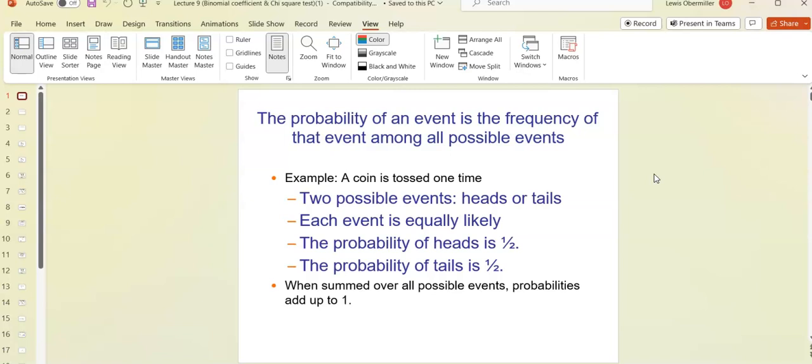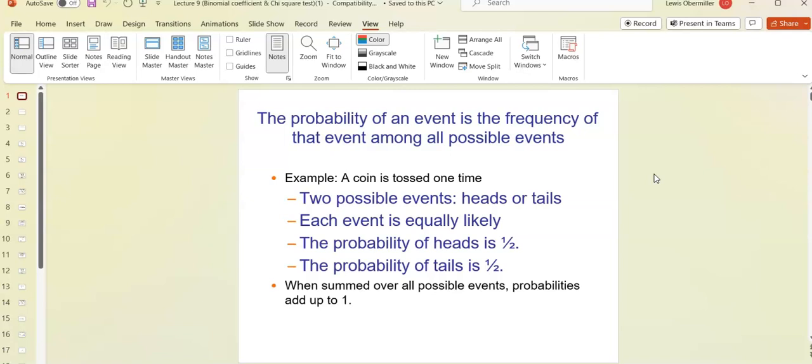So let's say you had 10 girls. What's the chance your next kid is going to be a girl? 50-50. Or a boy? 50-50. It does not matter what happens before. So every event is equally likely as long as they're mutually exclusive from one another. They're not tied together.